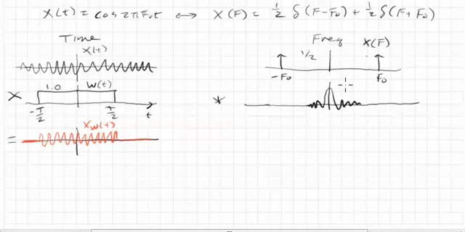So this is the Fourier transform of our window function, W(f), and it's equal to T sinc(Tf). So that's the sinc function, a function of frequency.